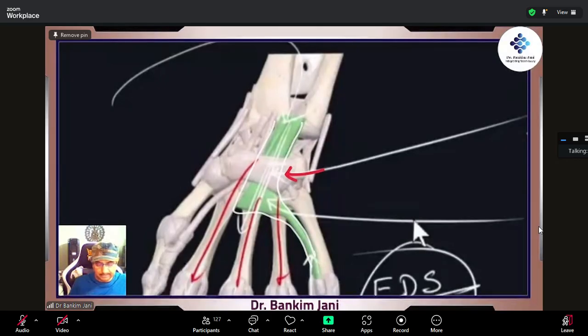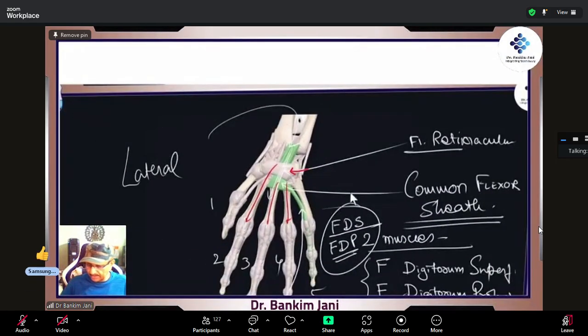That green portion is called the common flexor sheath. So the flexor retinaculum is above, and नीचे से every muscle, whosoever will be passing, and giving their tendons to various locations, will be passing through the common flexor sheath because we are into the flexor component. Okay.